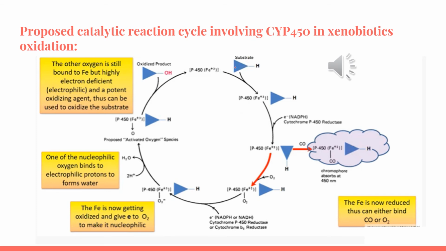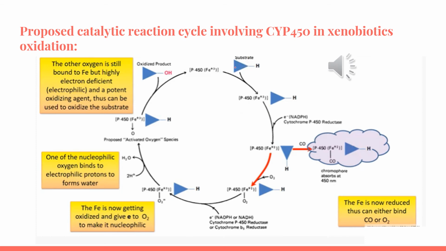5 steps are required for the cytochrome P450 to mediate the oxidation reaction. First step is that the oxidized P450 will bind with the drug to form a complex. Now the enzyme cytochrome P450 reductase will reduce the P450 drug complex formed in step 1.